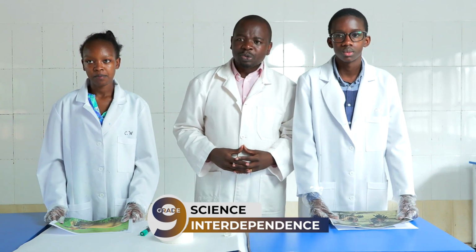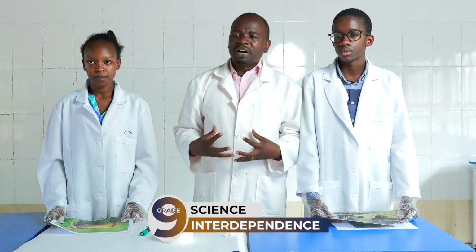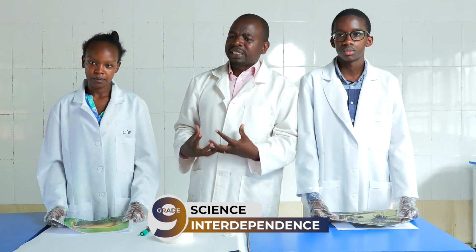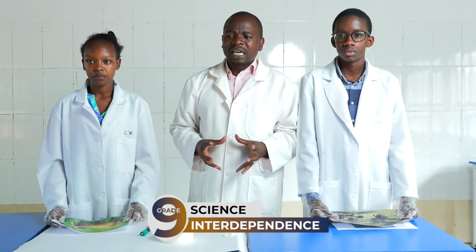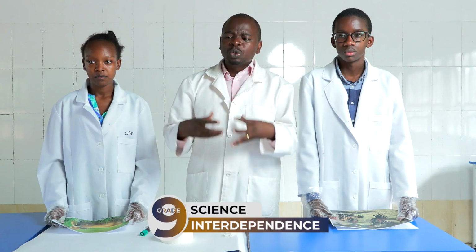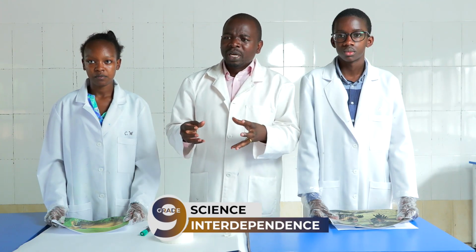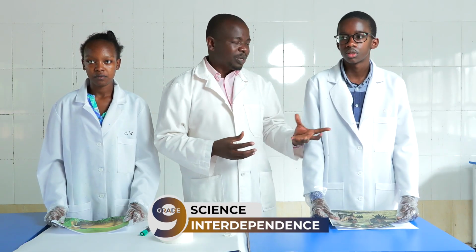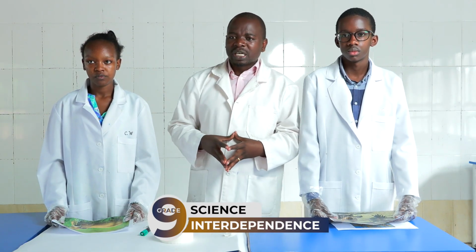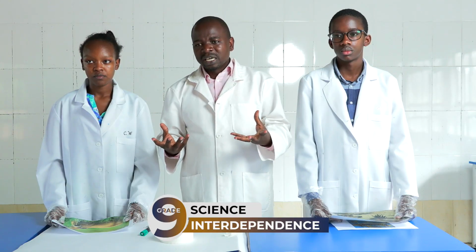Very good, Musa. So in competition, we have the resources at the center, and we have the organisms that find themselves in that environment, and they have to benefit from the resources which sometimes are not adequate. As we have been told by Musa, we have the two types.